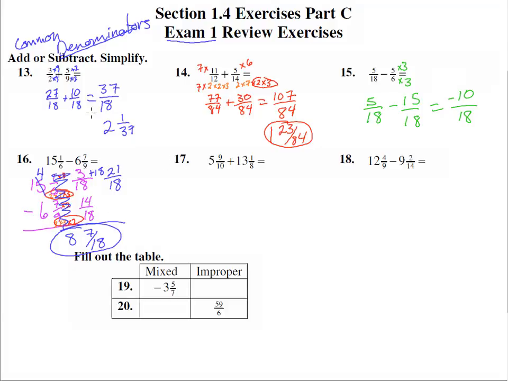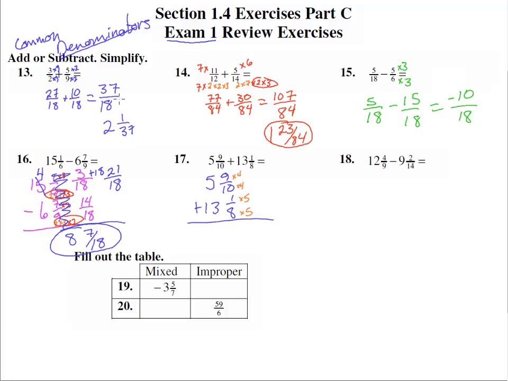Number 17. 5 and 9 tenths plus 13 and 1/8. Okay, common denominator between 10 and 8. I see 10, 20, 30, 40 is a multiple of that. So good. We're going to times this guy by 4s on top and bottom, and this guy by 5s on top and bottom.